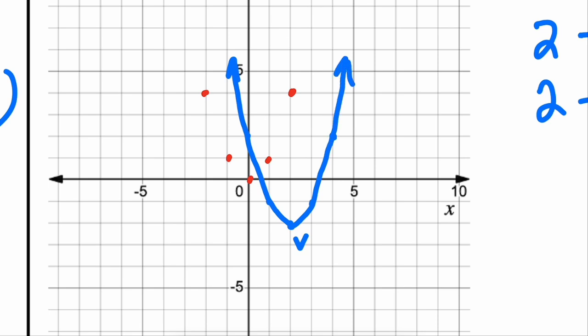Because remember, our parent function is right here. So you'll see how by just knowing where the parent function lives, we can find where the new function lives and a pretty accurate graph of it just by moving the original function right 2, down 2. And take definitely the vertex and 2 other points when moving a parabola.